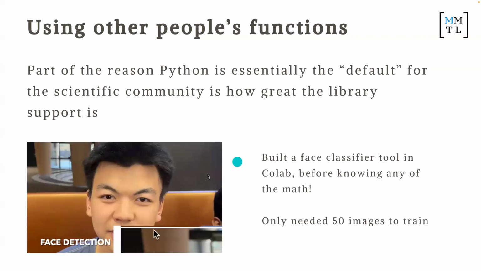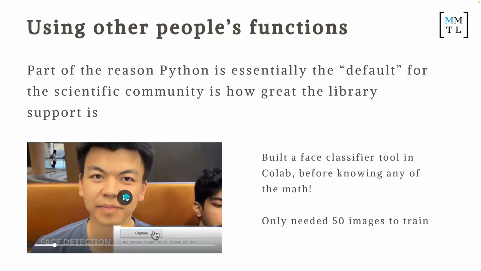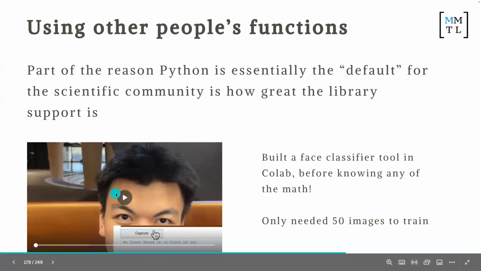So this is something I built way earlier, a kind of facial recognition thing, running on Colab. Back then I didn't even know any of the math. I only knew Python and ChatGPT. But basically you only need 50 images per person. It's like a classifier.